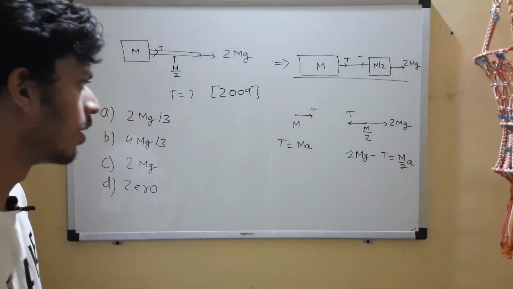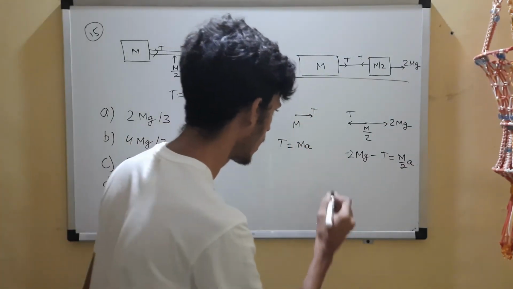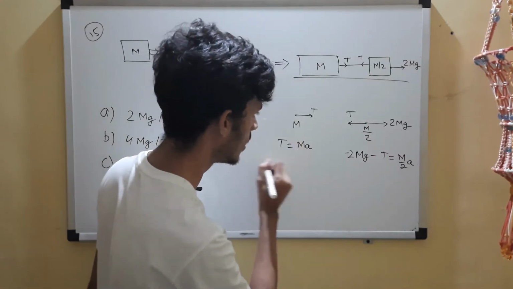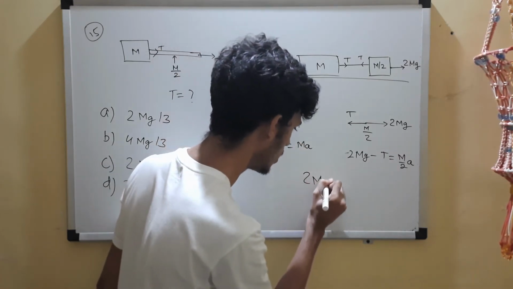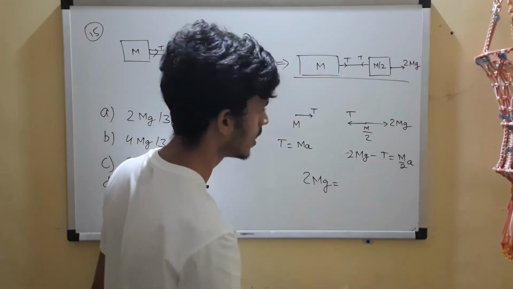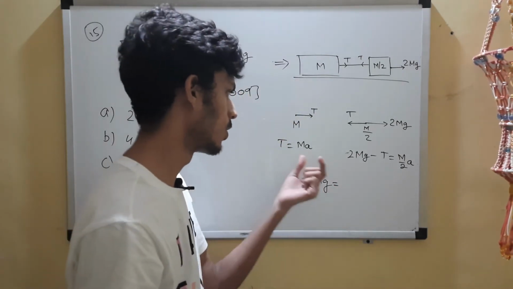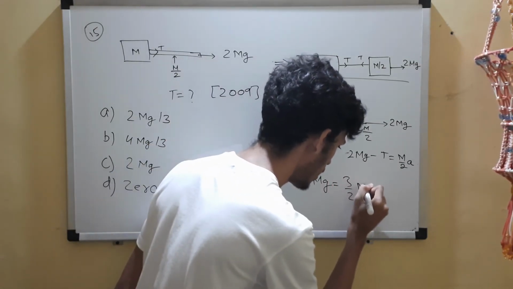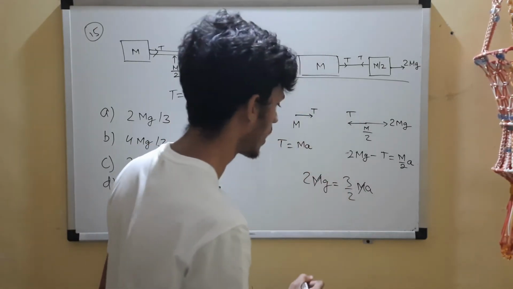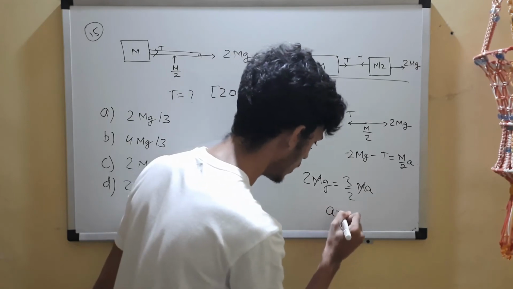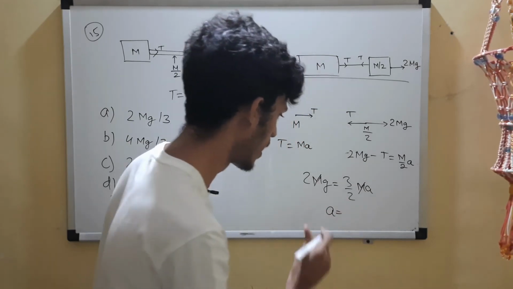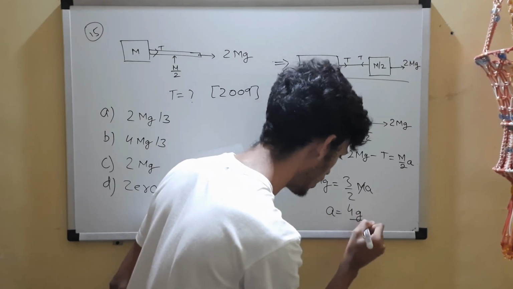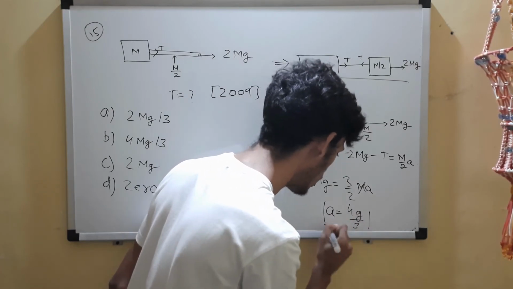Now we can just add these two equations. So this T and this T will get cancelled. So 2 mg will be equal to ma plus ma by 2. So ma plus half ma, which is 3 by 2 ma. So m and m will get cancelled. a will be equal to 4g by 3.